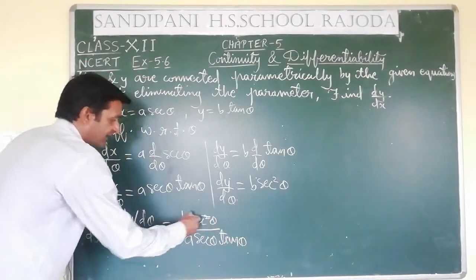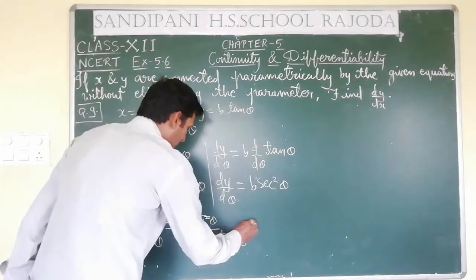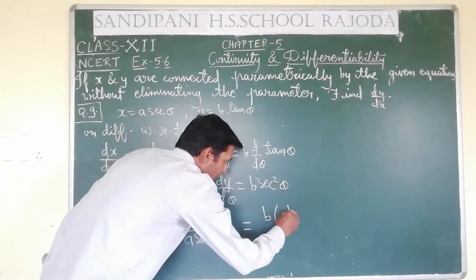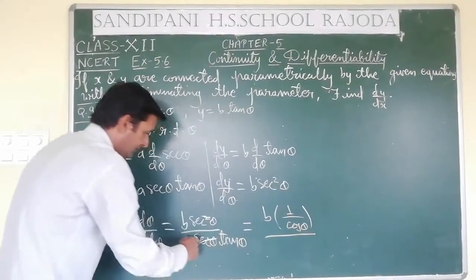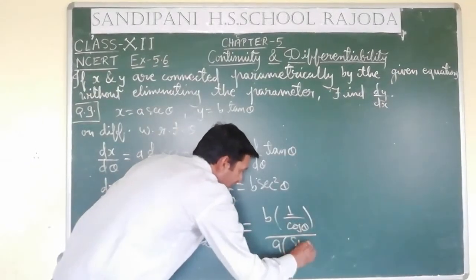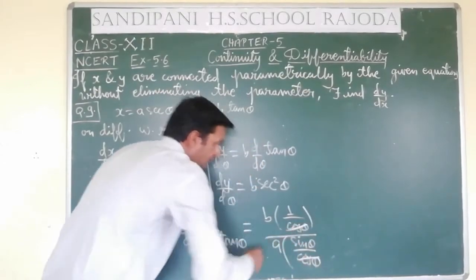Now this sec theta is cancelled by this sec theta. So what will it become? We may write this sec theta as 1 upon cos theta, so b into 1 upon cos theta, and we may write tan theta as sin theta upon cos theta. Now this cos theta can be cancelled.